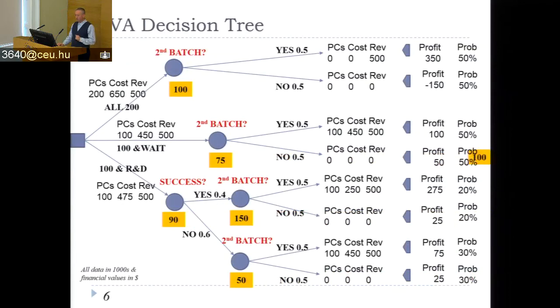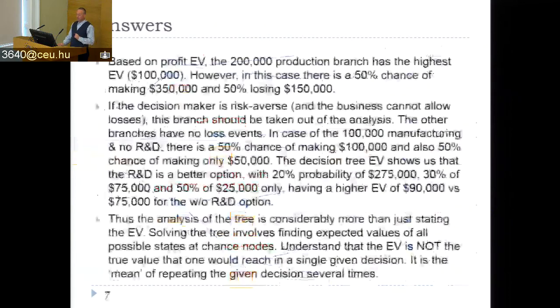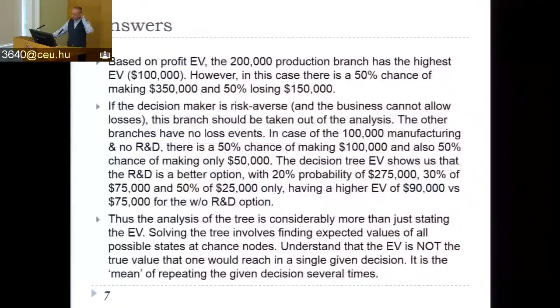Just to summarize in the next slide, I know it's a lot of text, but look at the second bullet point: in case of 100,000 manufacturing and no R&D, there is a 50% chance of making 100,000 and also a 50% chance of making only 50,000.